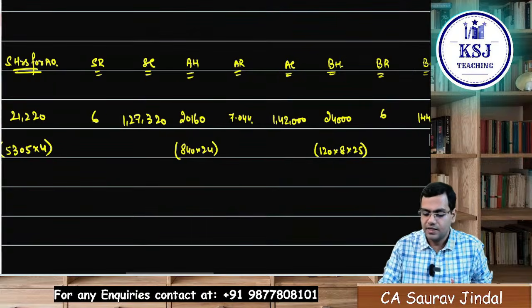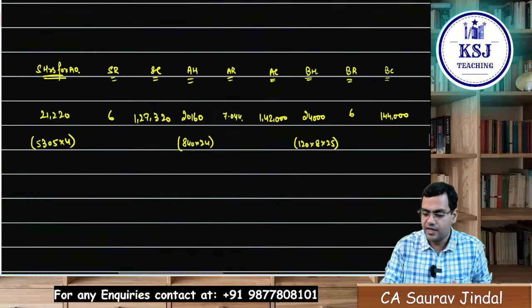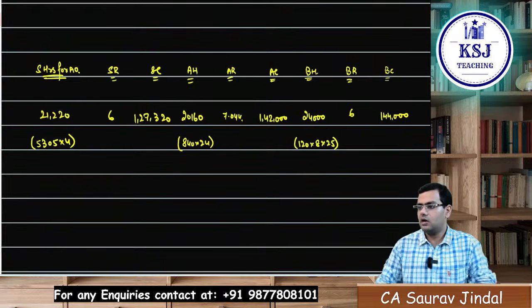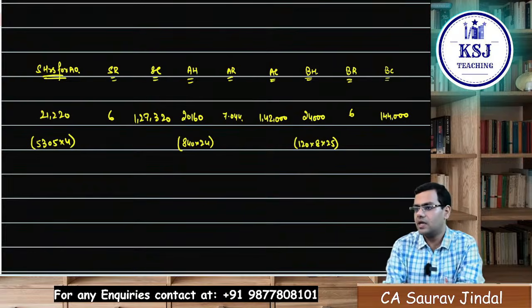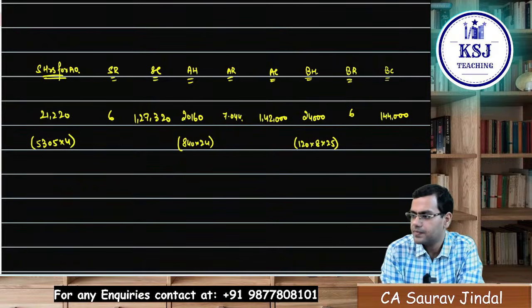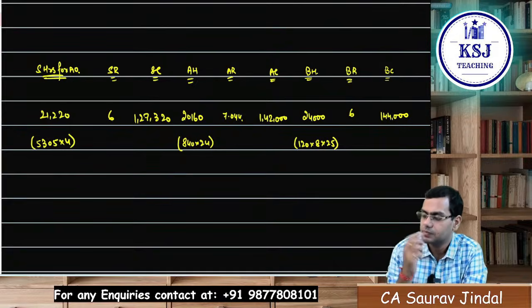That's the fixed overhead table. Any doubts? Now you will be able to continue all. You can calculate all the variances normally, right?